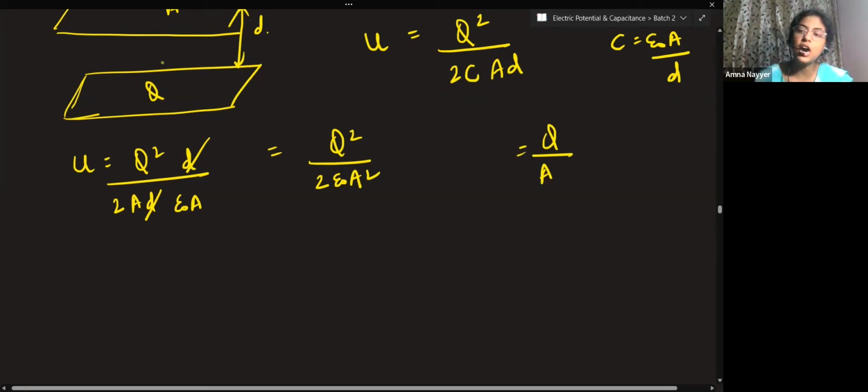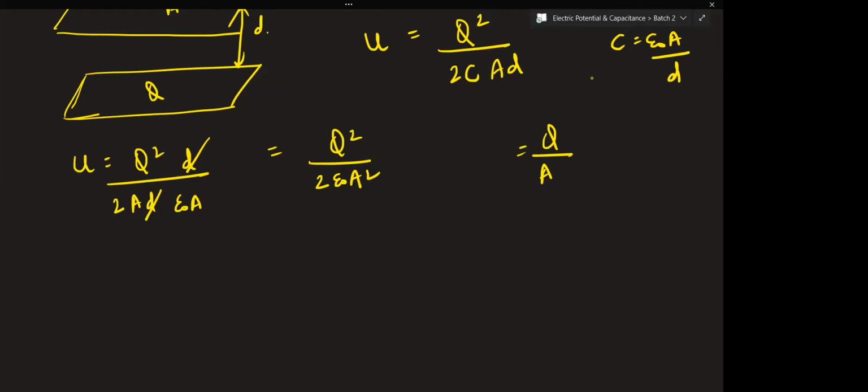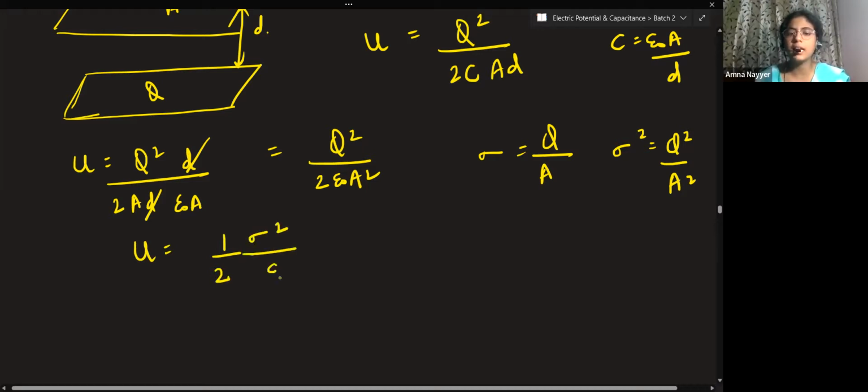Charge per unit area is what? Sigma. Surface charge density. This is charge per unit area. So sigma square will be Q square by A square. It means this Q square by A square can be written as sigma square. So u will be half sigma square divided by epsilon naught.